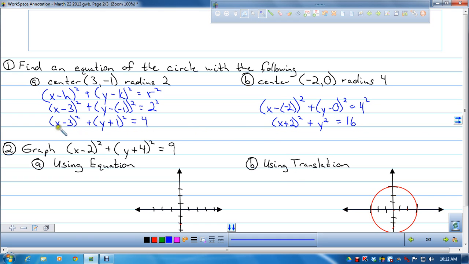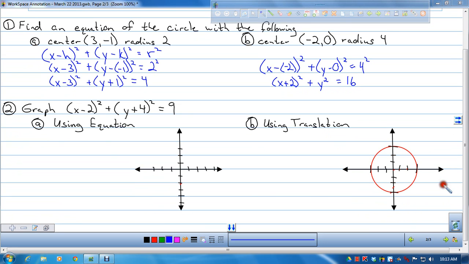And I should be able to, in working backwards, tell that the center of this circle is negative 2, because it should be the opposite of what I see there. Negative 2, 0, with a radius of 4. Same way over here. I should know that the center is positive 3, negative 1, with a radius of 2. Alright.